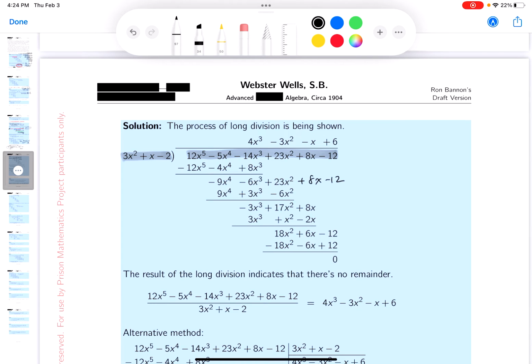And then I repeat. How do I match the minus 9x^4? By multiplying 3x squared by minus 3x squared, which would be minus 9x^4, but I change the signs. And then minus 3x squared times x is minus 3x cubed, but I change signs to plus 3x cubed. We're on this line over here, by the way.